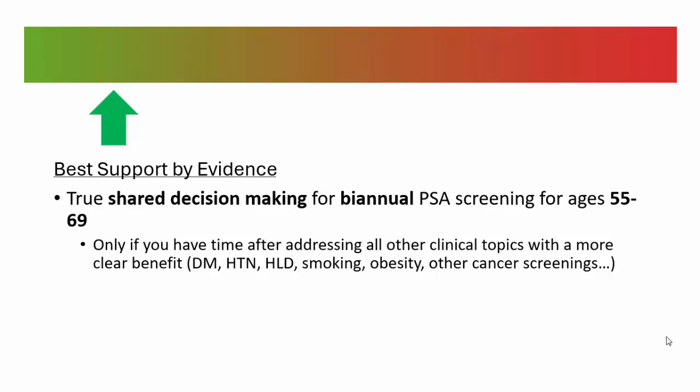If the patient's systolic blood pressure is 160, or their A1C is 10, or they haven't had colon cancer screening, you're really wasting your time to do a 10-minute discussion on PSA, because that's much lower stakes. So all those other things higher on the to-do list really need to be addressed first before you dive into this, in my opinion.